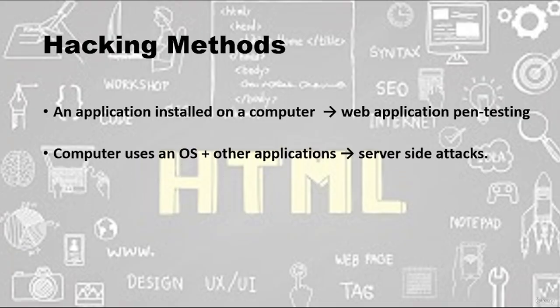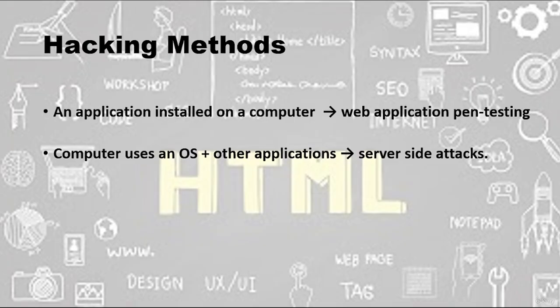Or we can use the OS. The first one is called web application penetration testing. We are testing the web application, whether it's vulnerable to something, and if it is, then we can take control over the whole website. And we can use the operating system.